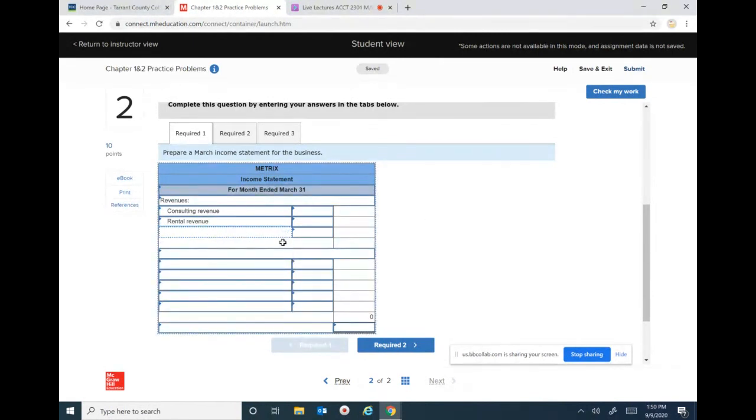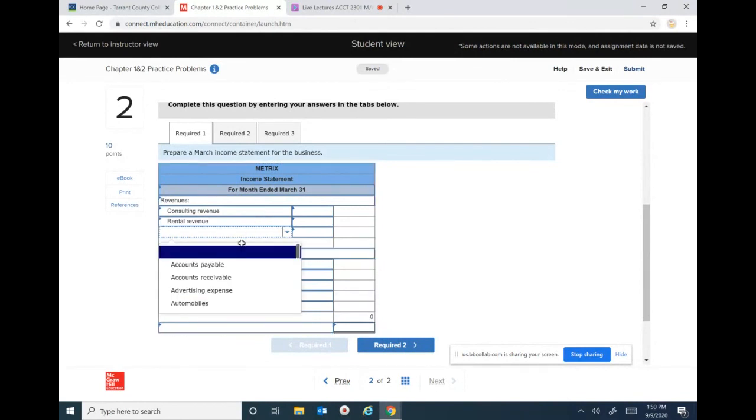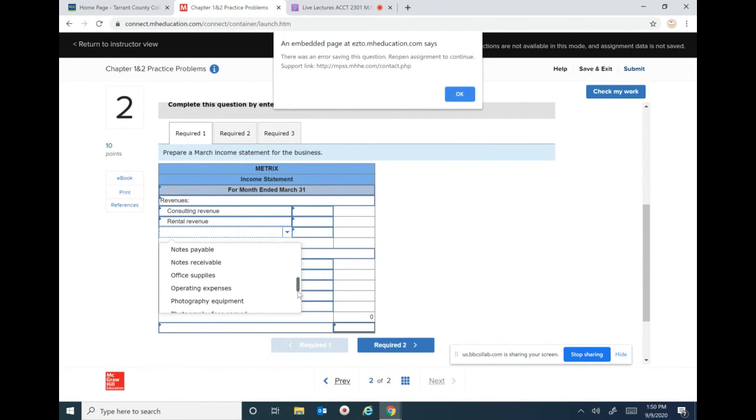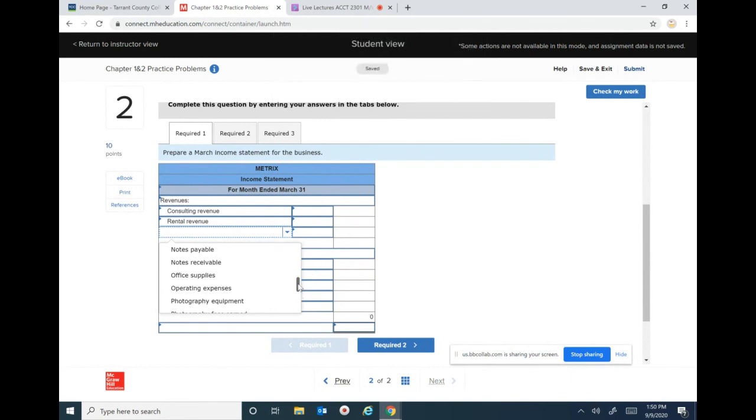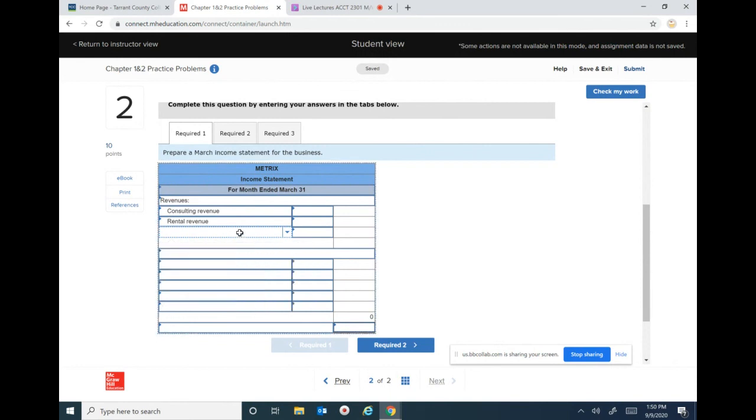Come on, revenues. I'm going to scroll down a little slower here. Don't miss it this time. Where is the total revenue? Let's see.